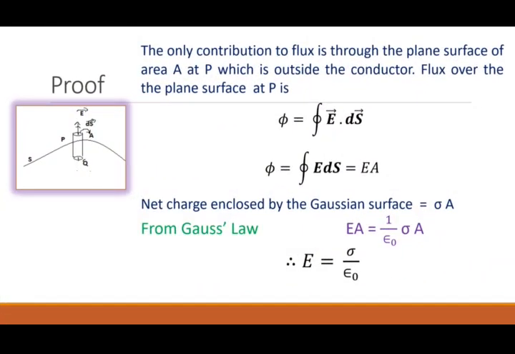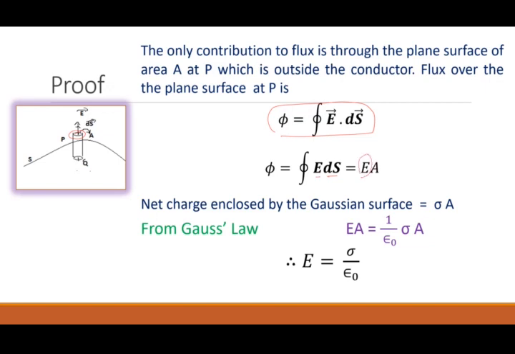The only contribution now comes from this part of the cylinder, that is the plane surface at the point P. Here E will be almost constant over any point on this plane surface. Therefore, this integral which gives the flux, E dot ds, since it is normal, I can just replace by magnitudes E ds, and E is almost constant, therefore I can take it out.